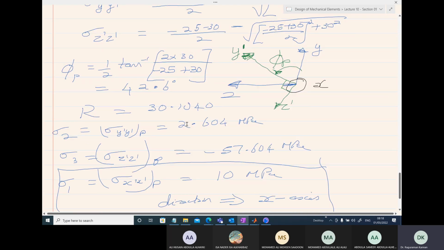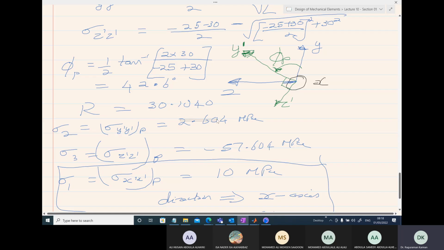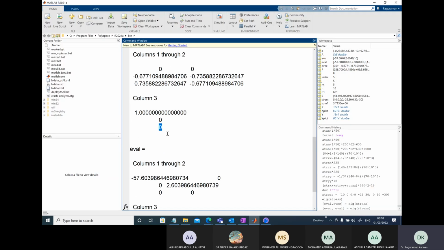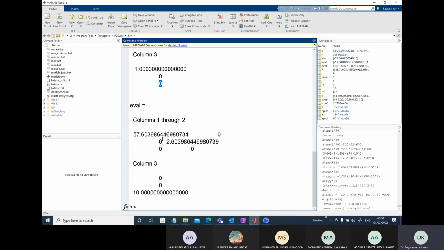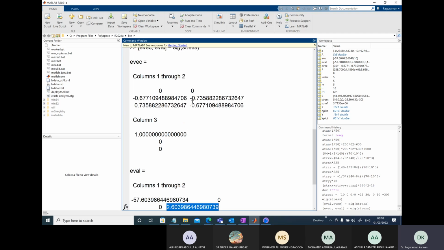So this particular value corresponds to 2.604. And we can get the direction from MATLAB corresponding to 2.604. So the value is the middle value here, and we have the direction given here.